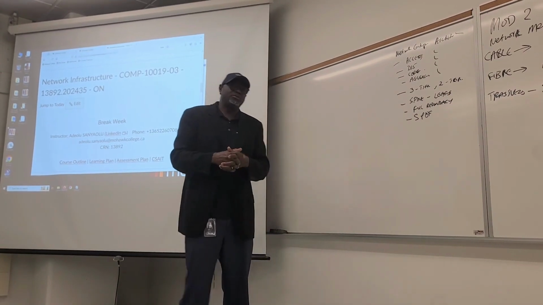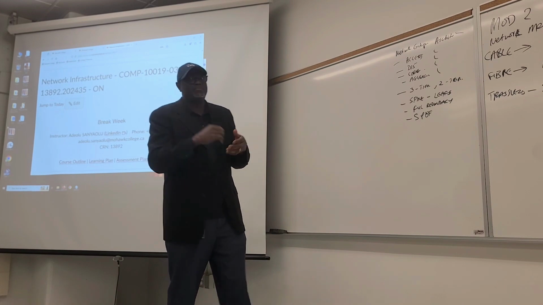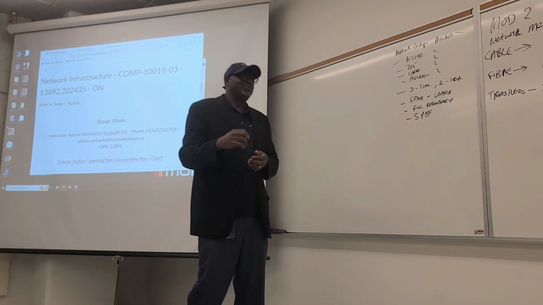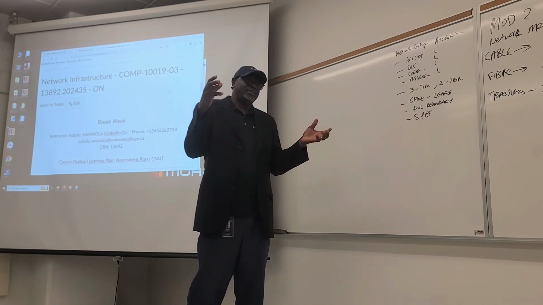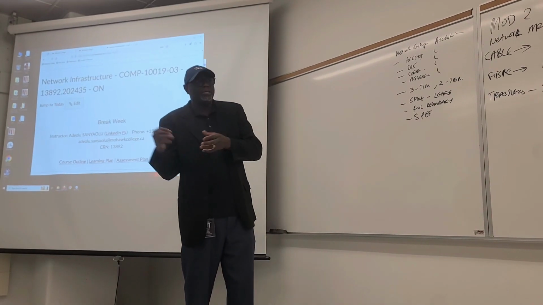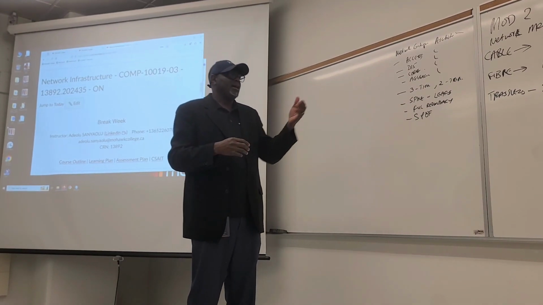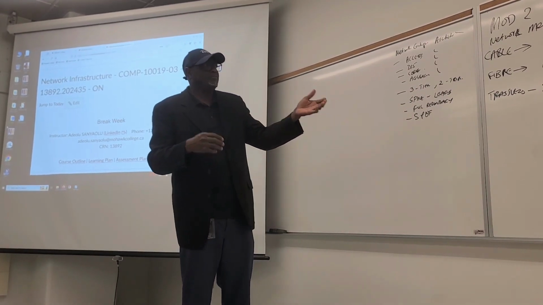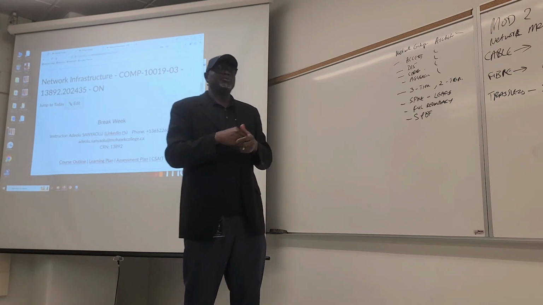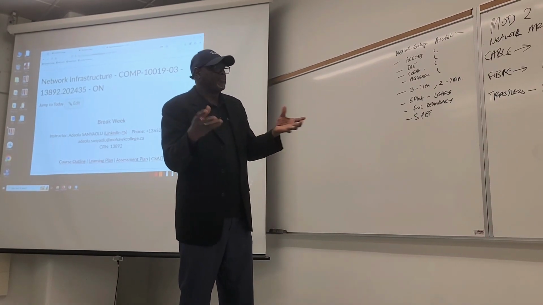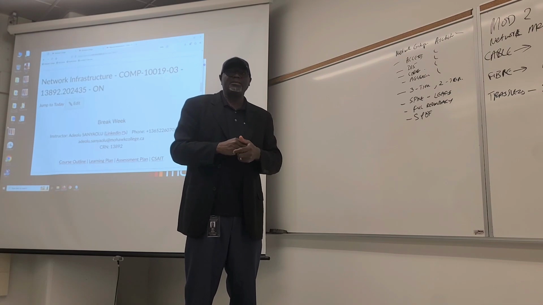A few of the transceivers you're going to see are the 1 gigabit transceivers, GLT and GLC, and SFP. You see SFP plus, which can take the 10 gig standard.